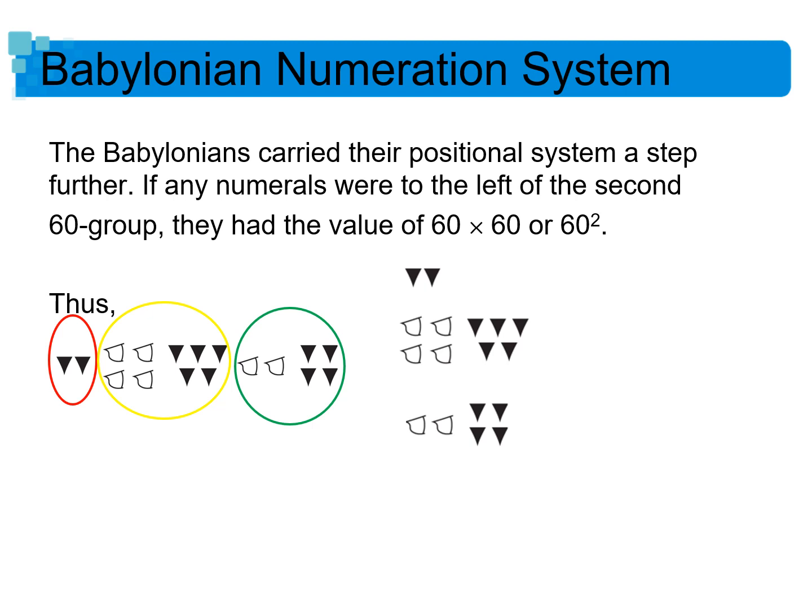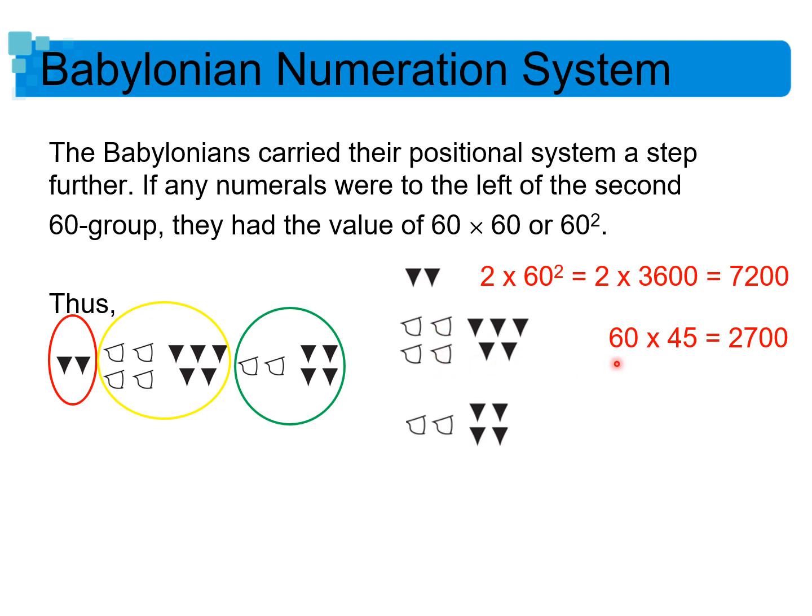When you have the first set of 2 triangles, that means you're going to have 2 sets of 60 squared. And 60 squared, again, is 60 times 60, which is 3,600. So 2 sets of 60 squared would be 7,200. Now, your second group, which is this yellow group, would be 45.